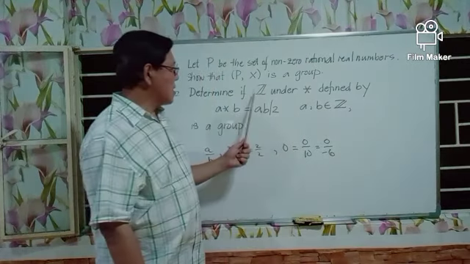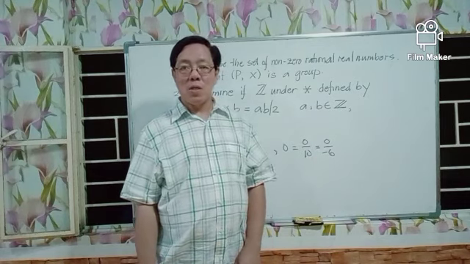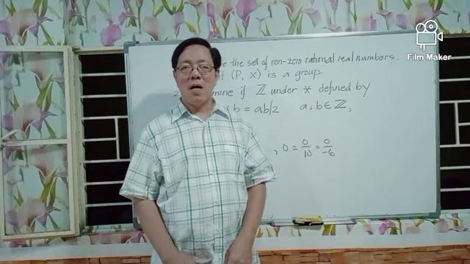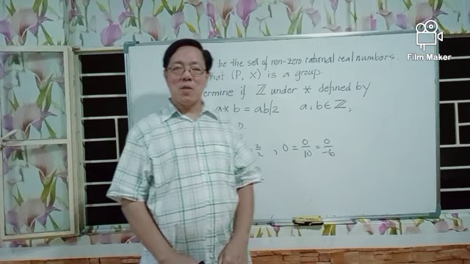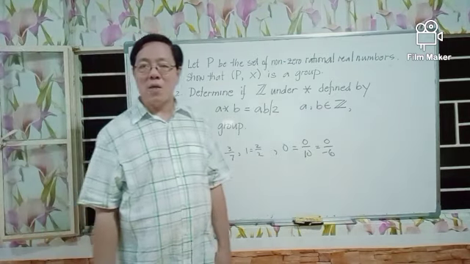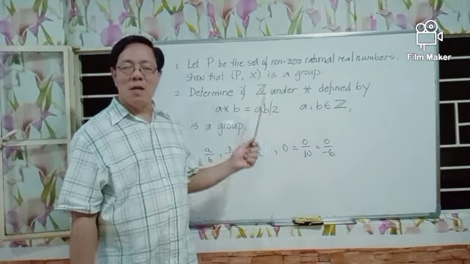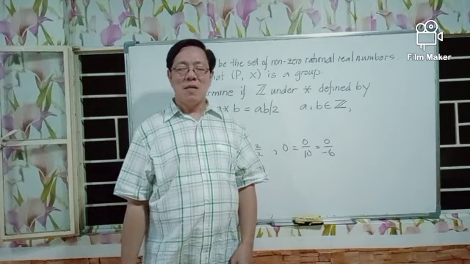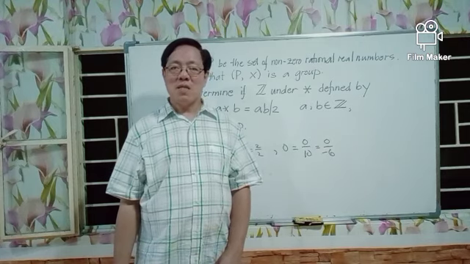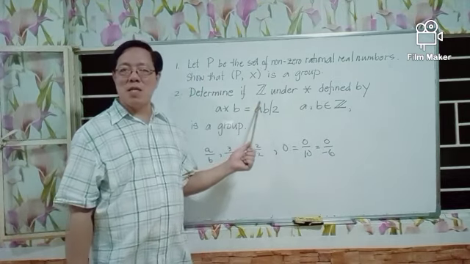You have to use the property of the identity element denoted by E: when combined with any other element A of Z, the result is A. You also make use of the definition of the binary operation star given by this formula to find the value of E, the identity element, and see if its value is also in Z. Because the second property of a group says that there is an identity element under the binary operation star in G, and this identity element is also in the non-empty set G. In number 2, the non-empty set G is Z.